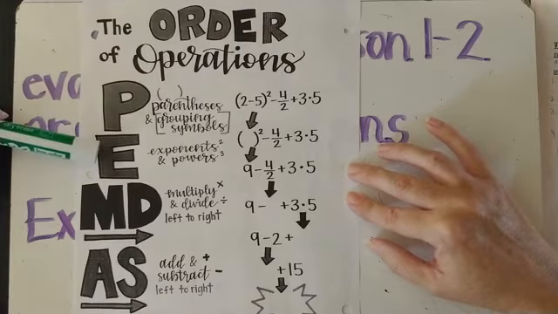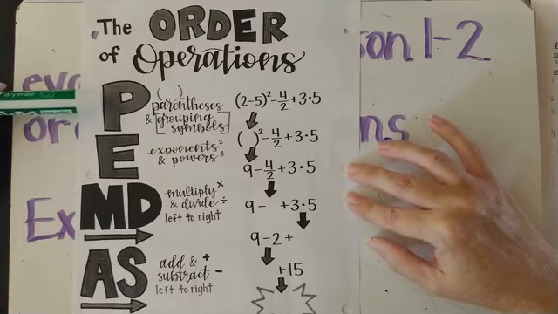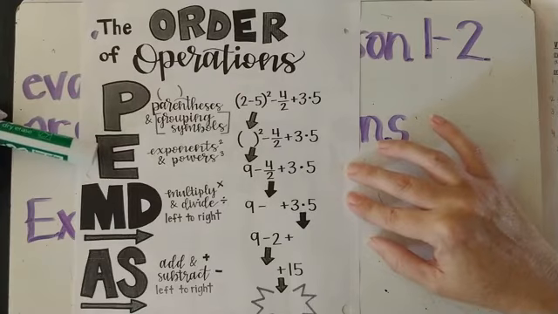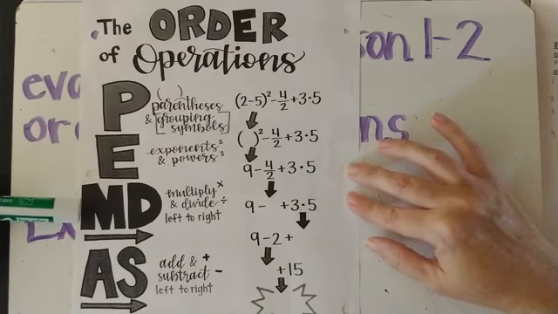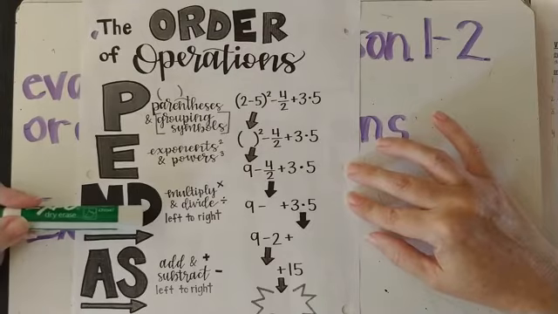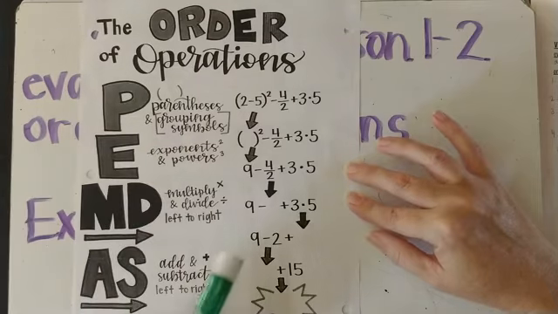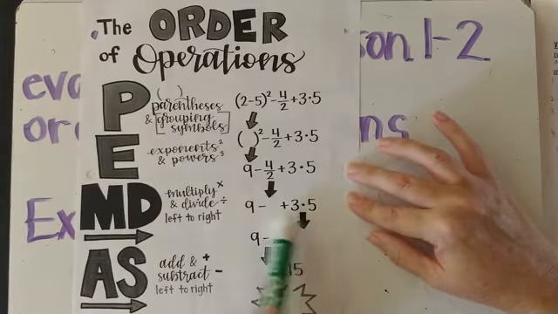The E represents the word exponents. You also might know this as powers. So after you're done completing the P part of order of operations, look for exponents. After exponents, you need to look for multiplication and division from left to right. If division comes first, you will do the division and then do the multiplication, but you have to work from left to right.